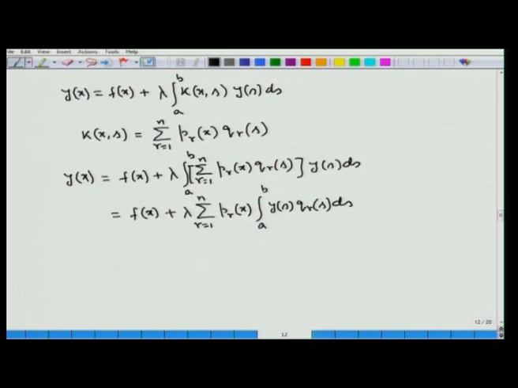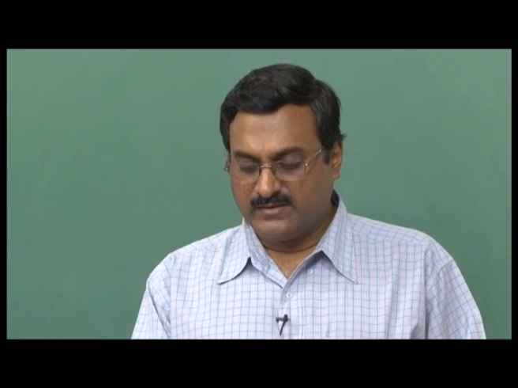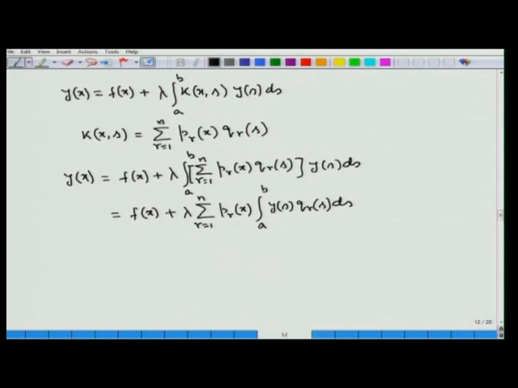Now, this kernel is separable, so p_r(x) and q_r(s) are known for r ranging from 1 to n, but y is the unknown quantity.